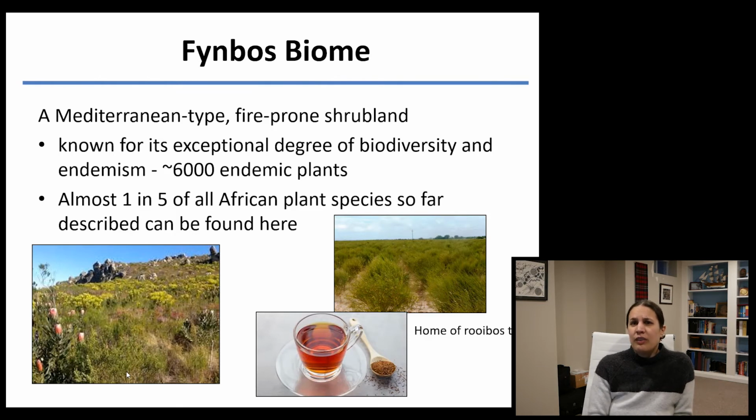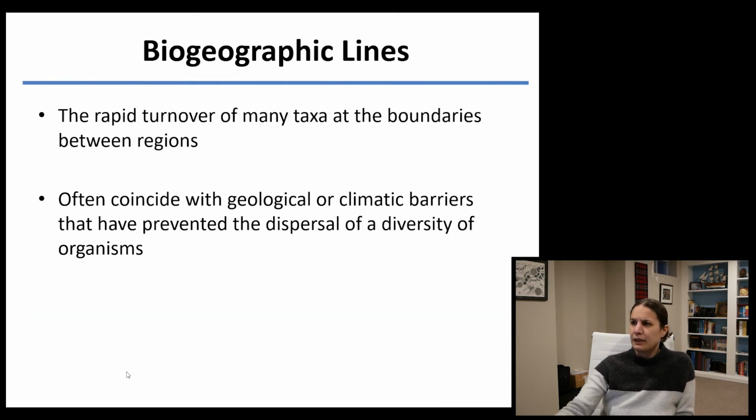You can find more than 6,000 endemic plants in this small Fynbos biome. And almost 1 in 5 of plant species found on the whole continent of Africa are also found in the Fynbos biome. And rooibos tea comes from a plant that is found in the Fynbos biome.